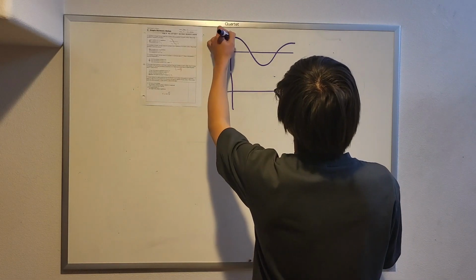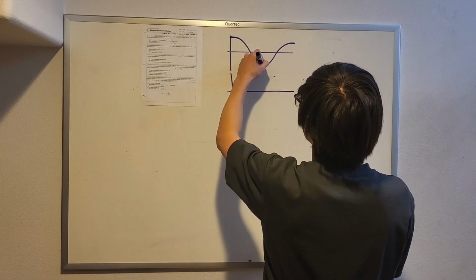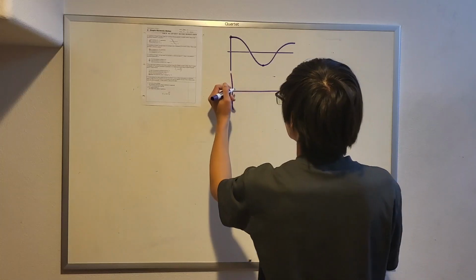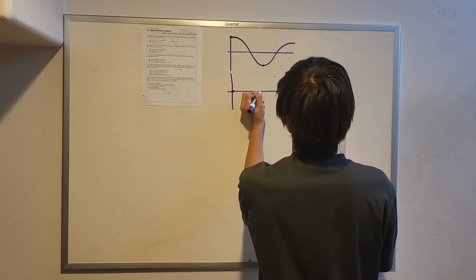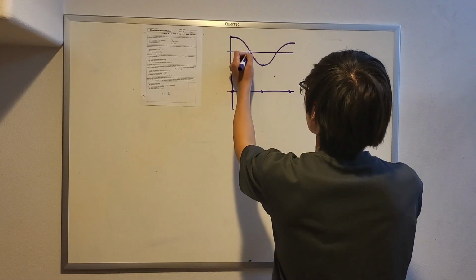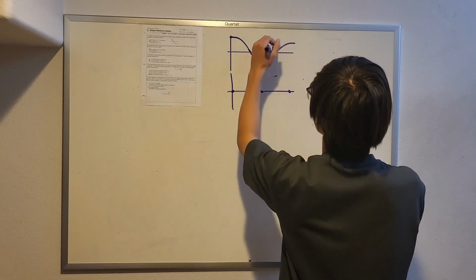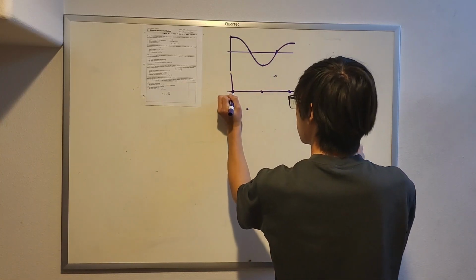So when this position starts up really high and comes really low, when the slope is 0, that's when we get our intersections with the x-axis. And that'll happen here too. So we can note that this is the steepest right here, and it's negative, so it's going to look something like this, and it's the steepest here positively.